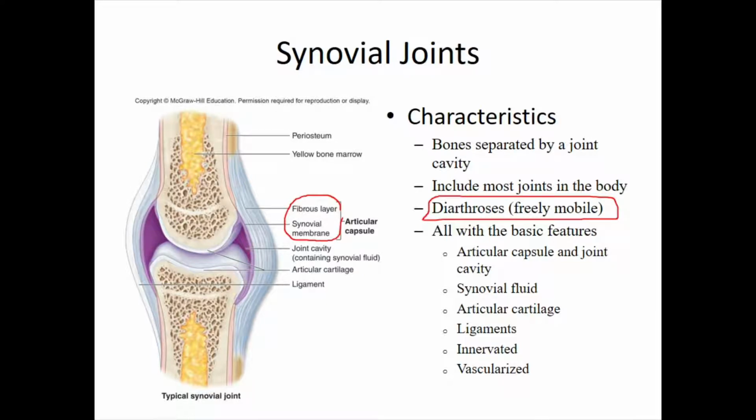But this here is the joint capsule. The synovial fluid is in the joint cavity. So the cavity is the space, the synovial fluid is filling the space, just like we had the cavities in the space for the serous membranes when we studied chapter 1.